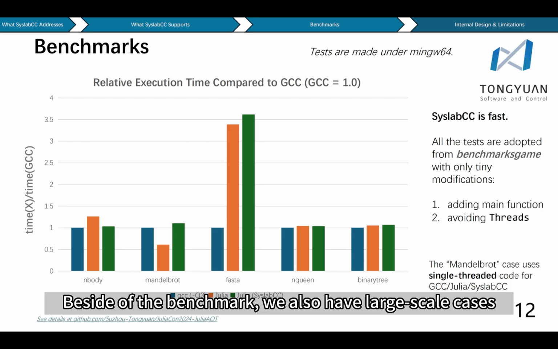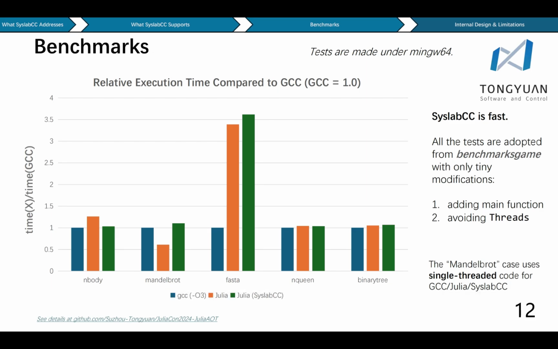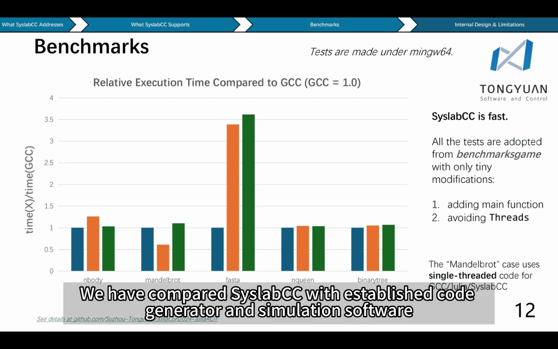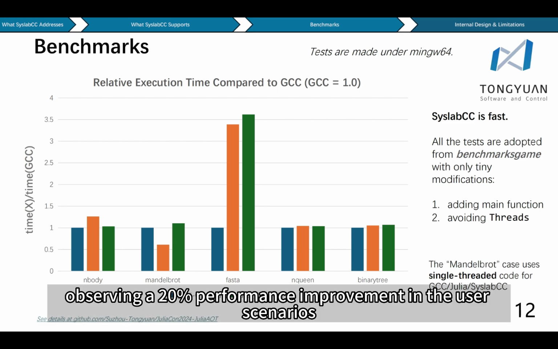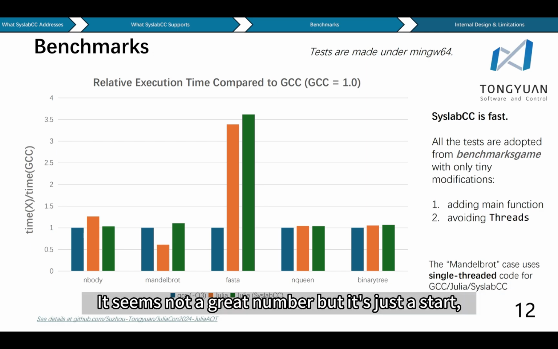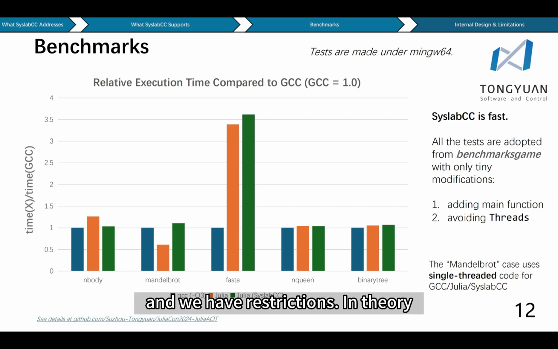Besides the benchmarks, we also have large-scale cases. We have compared SyslabCC with established code generators and simulation software, observing a 20% performance improvement in user scenarios. It seems not a great number, but it's just a start.